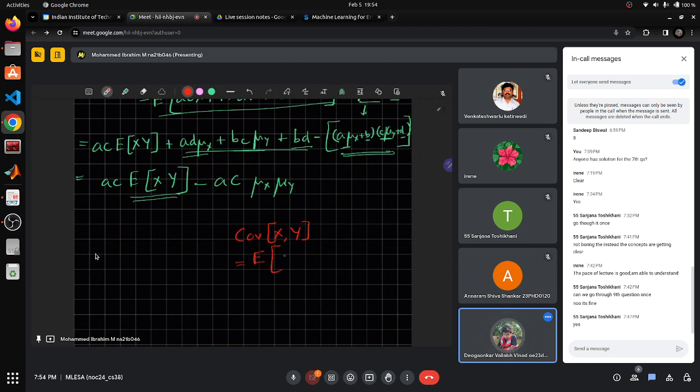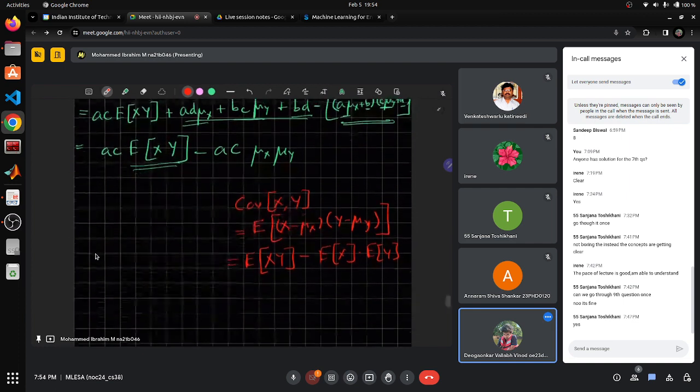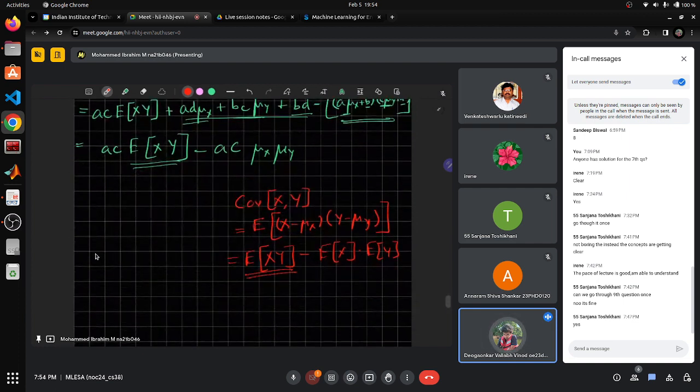It was either e of x minus mu x into y minus mu y, and this could also have been written e of xy minus e of x into e of y, and that can actually give you the e of xy. Okay, so that is what we are going to use now.